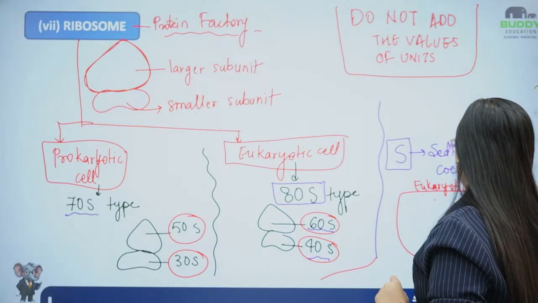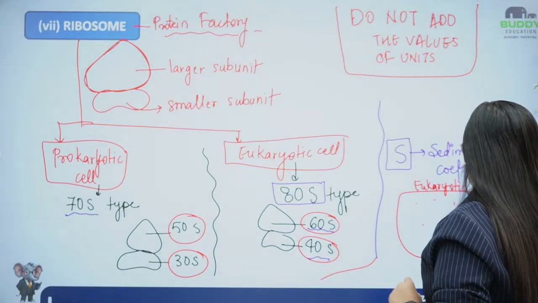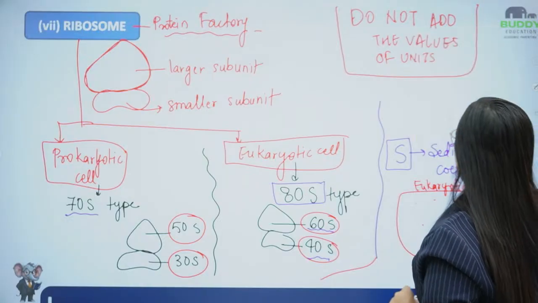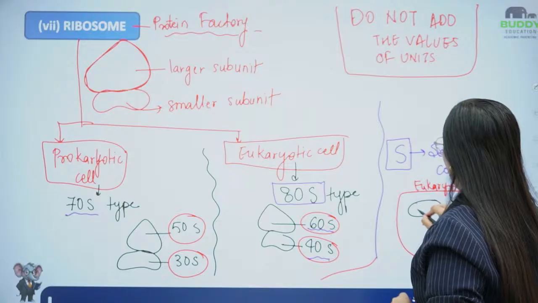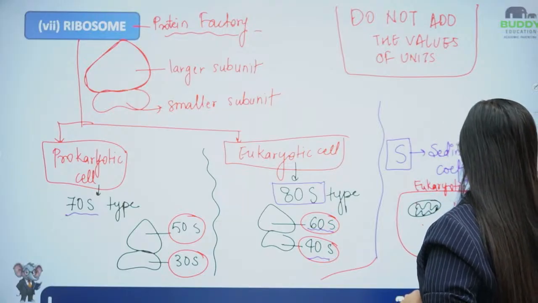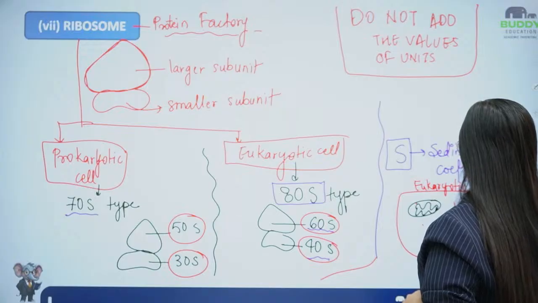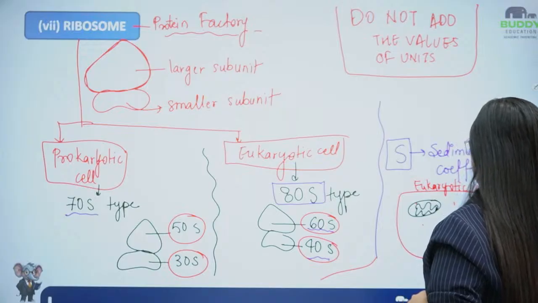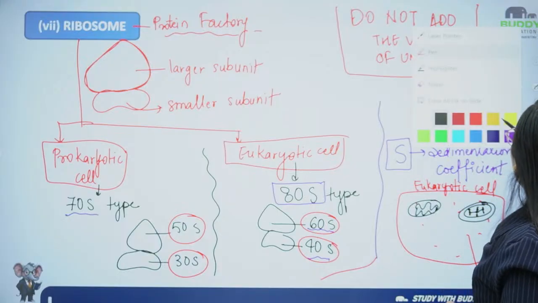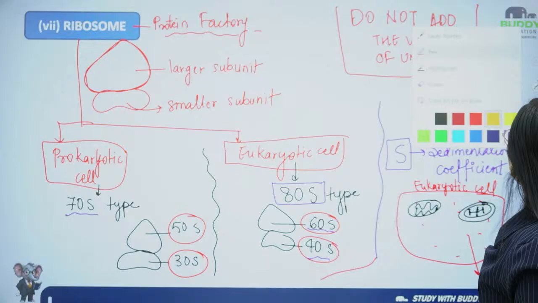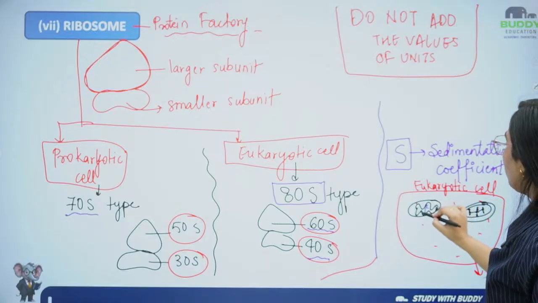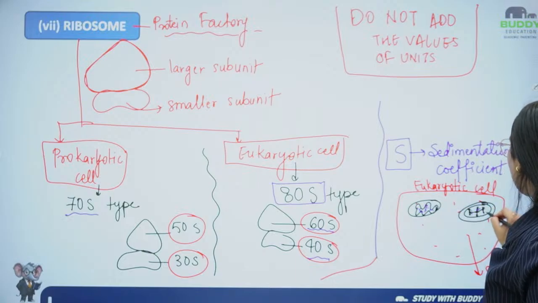If I talk about the ribosomes inside this cell, these are 80S ribosomes. Now let's have a mitochondria, and this is the chloroplast. When I talk about the ribosome in their structure, let's take the purple color.